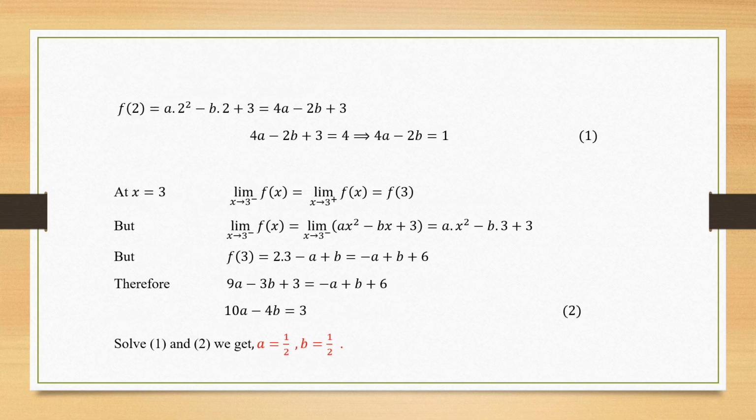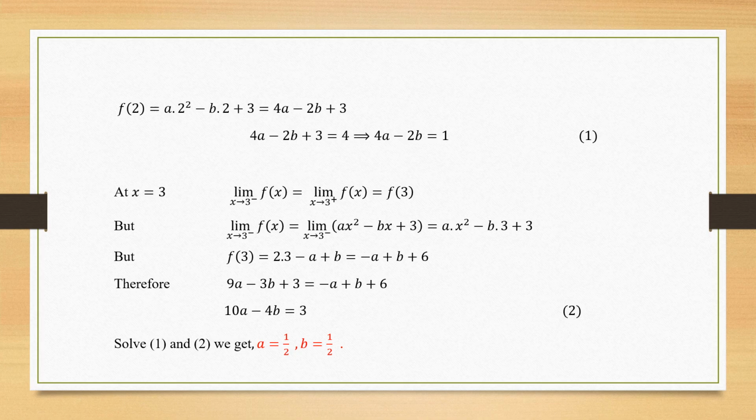So f of 2 is equal to, as I told you, 4a minus 2b plus 3, the first equation. At x equal to 3, we have limit x tends to 3 minus and limit x tends to 3 plus equal to f of 3. Substituting 3, you get 9a minus 3b plus 3 is equal to minus a plus b plus 6.